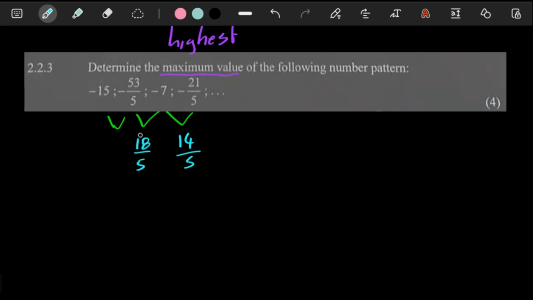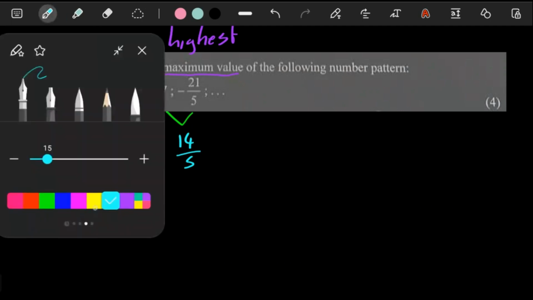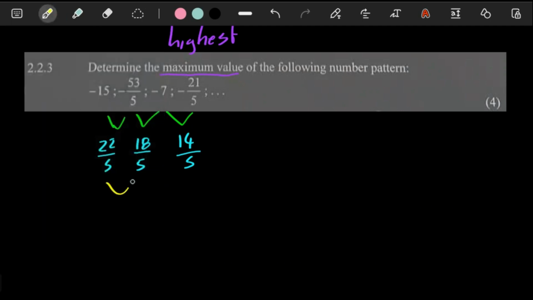So the more this is happening, the more I'm thinking we're definitely dealing with a quadratic number pattern. Because normally, if they ask for the maximum value, 99% of the time you're working with a quadratic number pattern. If you check here, these have a second common difference.